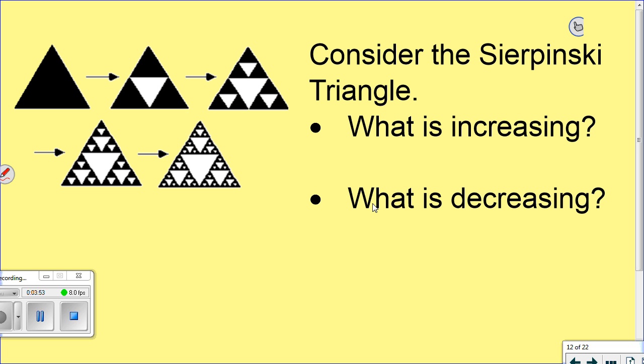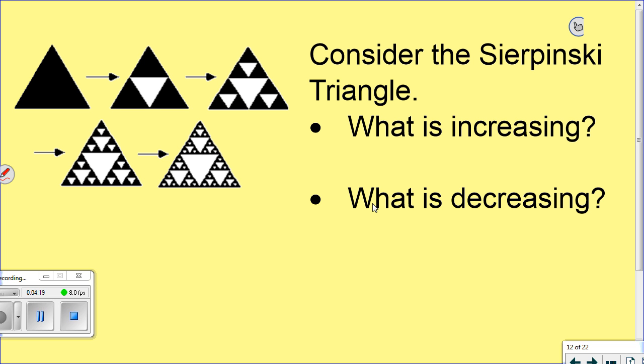So if we look at the Sierpinski triangle, this isn't something we've talked about yet. What's increasing in our Sierpinski triangle? What is decreasing in our Sierpinski triangle? Well, I'll give you a hint for maybe one answer you might come up with. What's the area? Which area, shaded or unshaded, is increasing? Which area, shaded or unshaded, is decreasing?